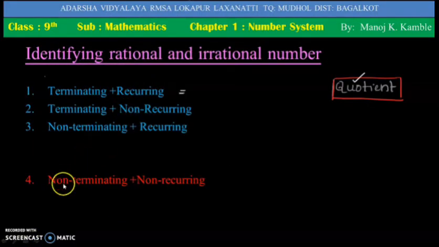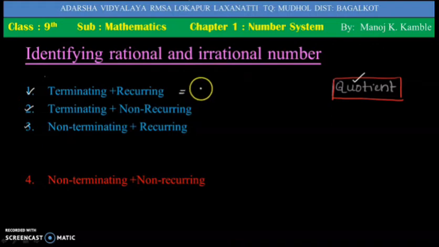Now we discuss the combination of the terms. On the basis of the quotient, after seeing the decimal expansion, we clarify whether the expansion is terminating with recurring, terminating with non-recurring, non-terminating with recurring, or lastly non-terminating with non-recurring.